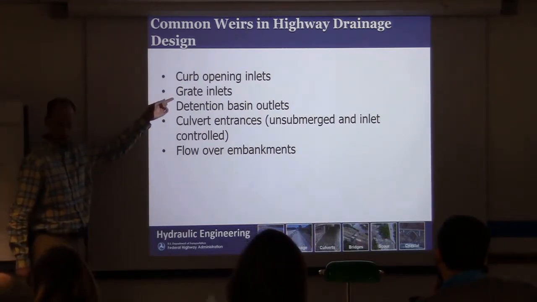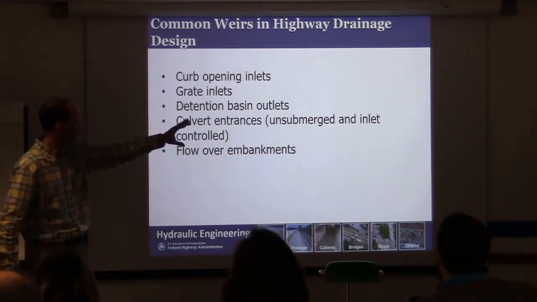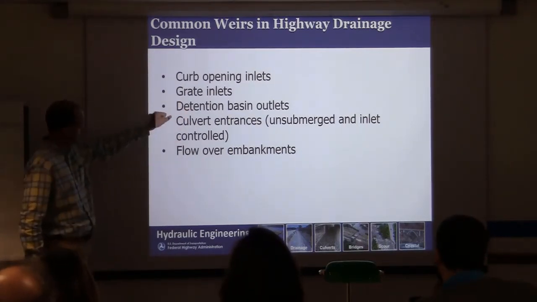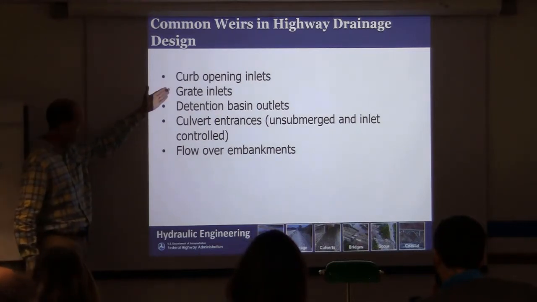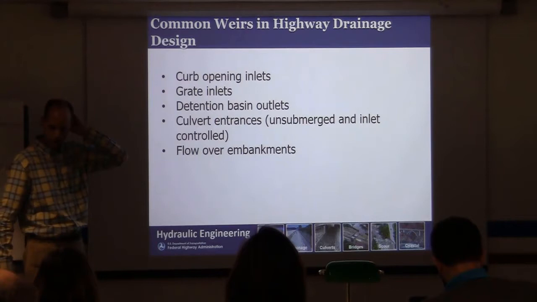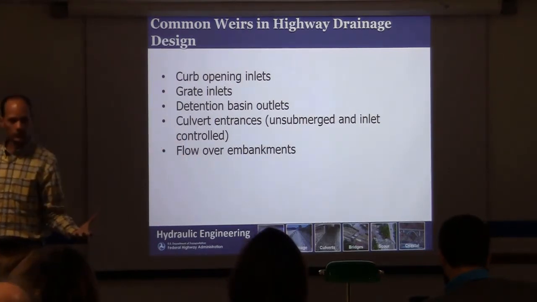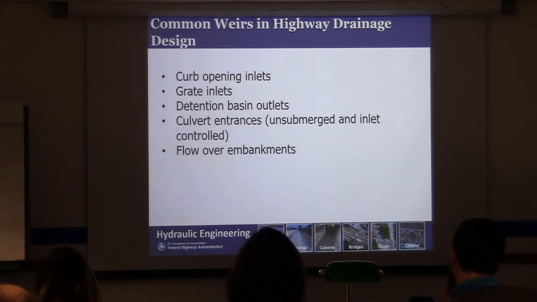Grate inlets also function as weirs at lower flow, and after a certain level of submergence, they function as orifices. Detention basin outlets, culvert entrances when inlet controlled only, and flow over embankments. Those are just some examples, and you could probably think of another 5 or 10 examples to add on to that list.